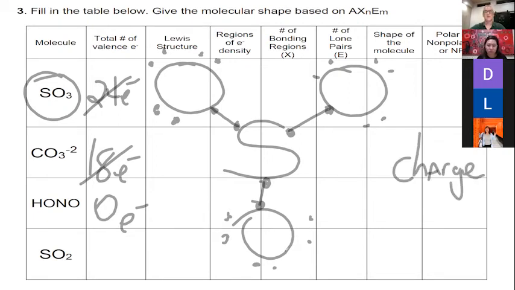What is the charge on these atoms when we put the electrons on them? The formal charge is how many valence electrons the atom has compared to the number of valence electrons it normally has. So how many valence electrons does oxygen normally have? 6. It normally has 6, right?